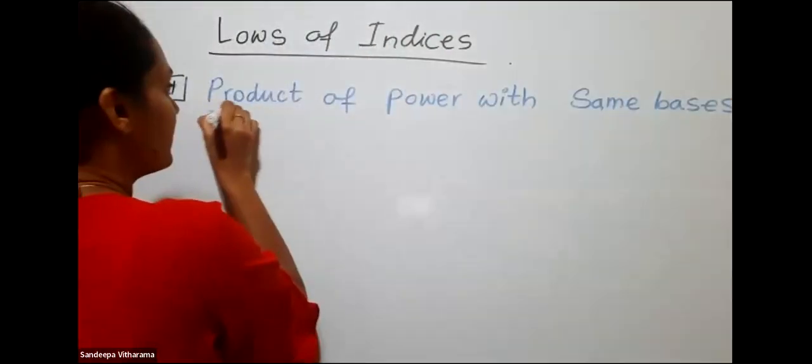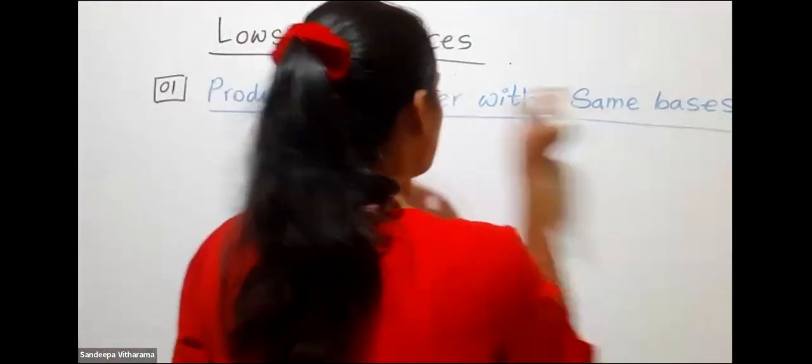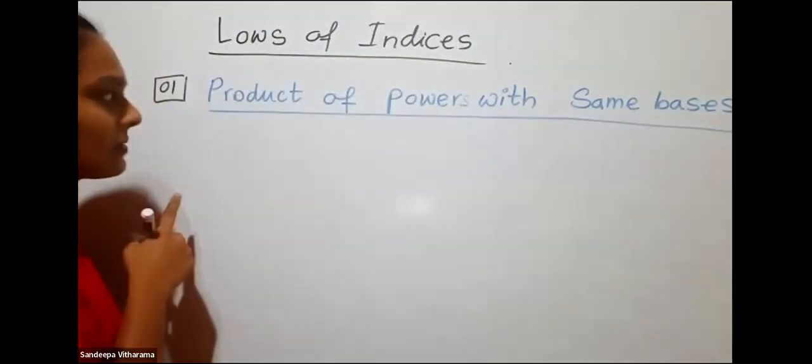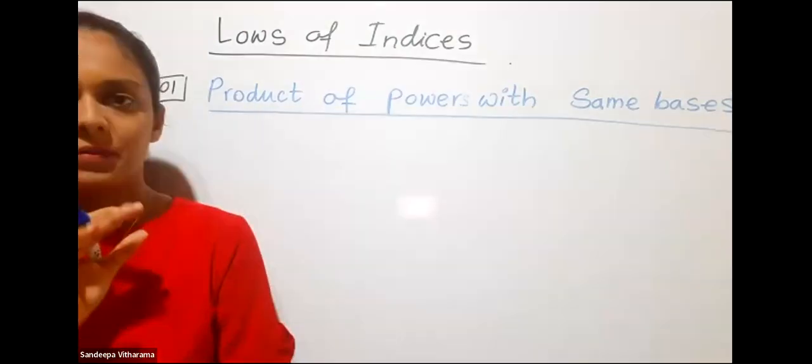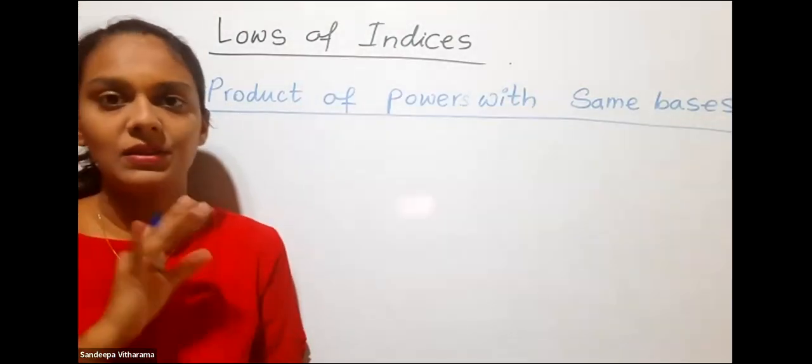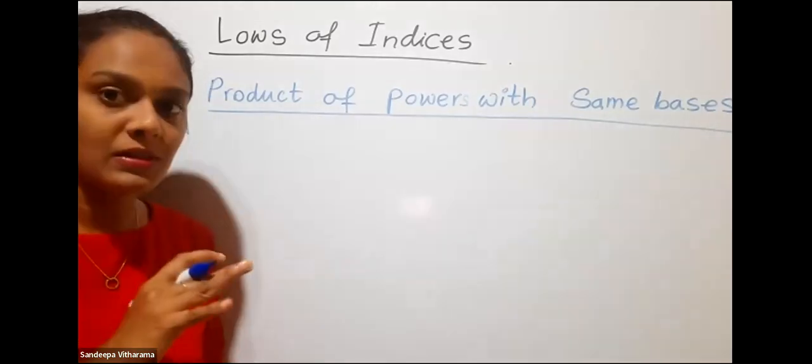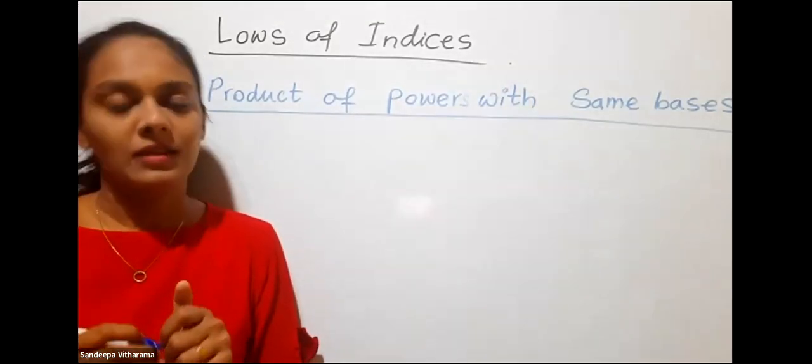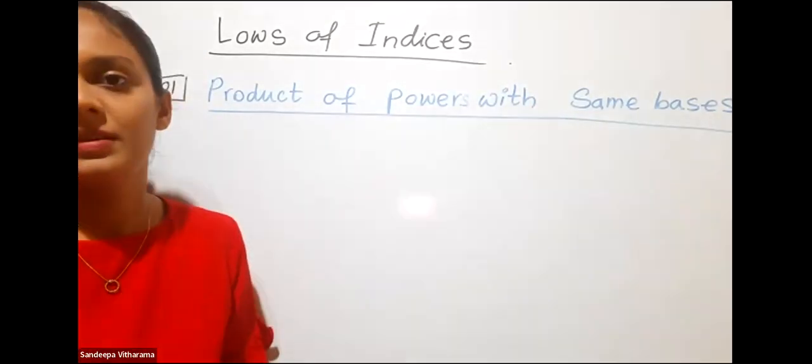Product of powers with same bases means it expresses what happens when we multiply powers with same bases, and how we obtain the answer easily.